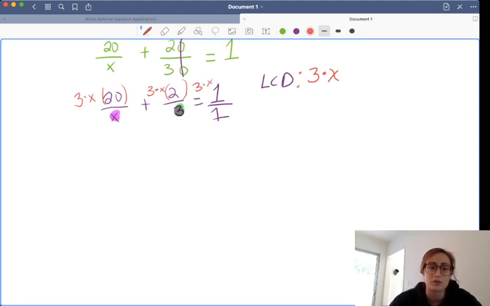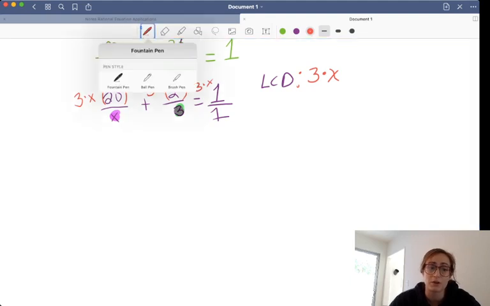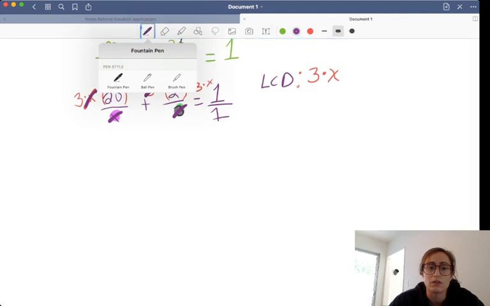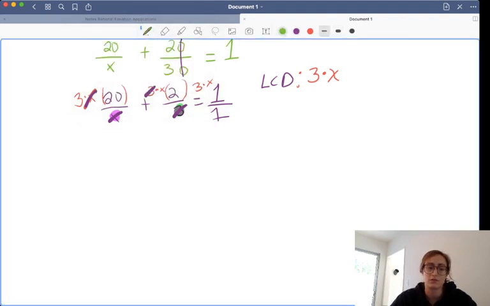Okay, so now we have to look for what's going to cancel out. Hopefully by this part, you're kind of getting used to what's coming up now because this is what we've been doing. So these x's cancel, these 3's cancel, and over there, nothing's going to cancel. So my next step, I have 3 times 20 plus 2 times x equals 3 times x.